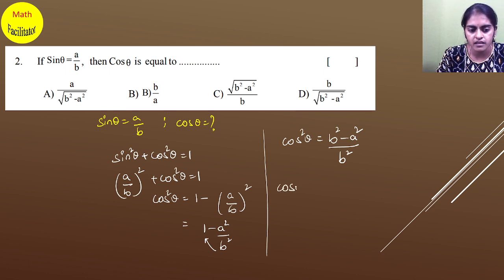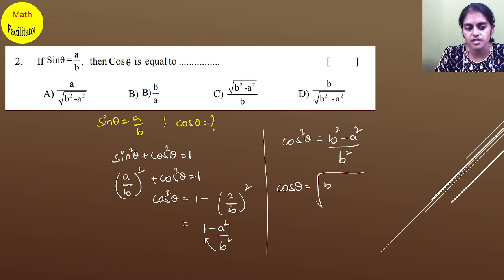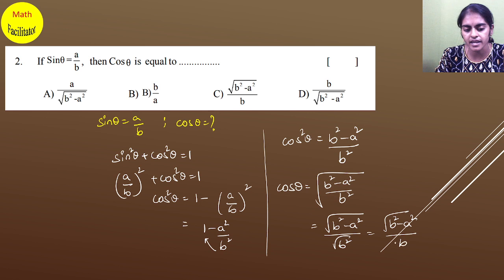So cos theta, root of cos square, will be square root of b square minus a square divided by b square. Now you can separate the square roots also. So the final answer is root over b square minus a square divided by root b square, and square and root cancel.